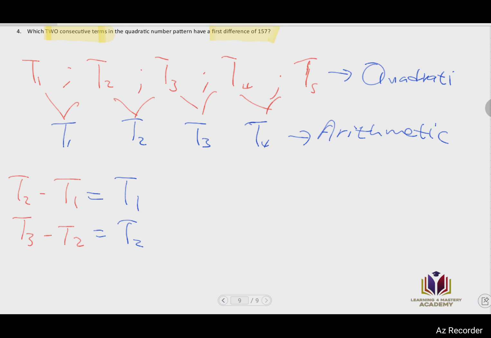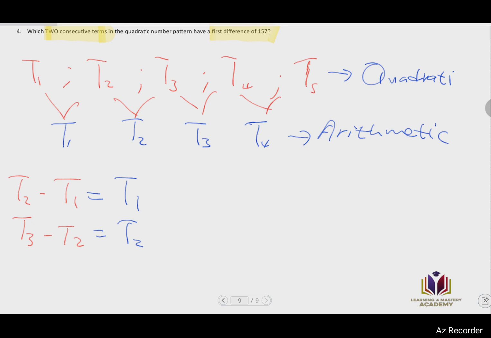When we subtract two consecutive terms, for example T2 minus T1, the position of the difference in the first difference is the same as the smaller position between the two consecutive terms.